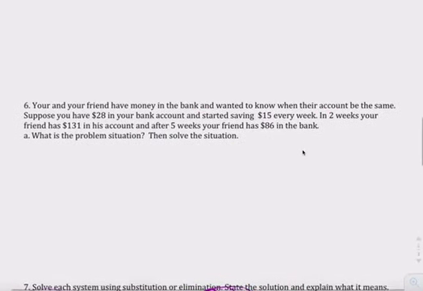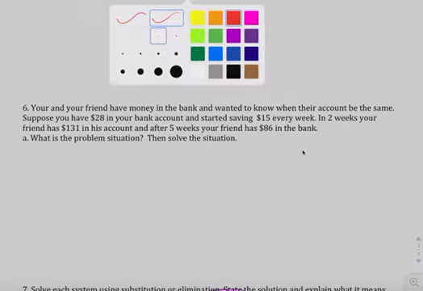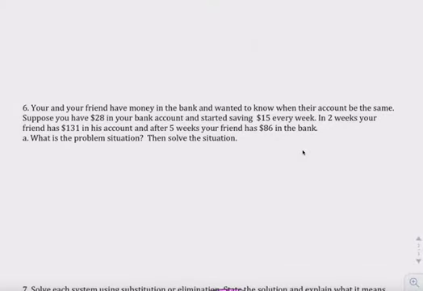Okay, let's go this way. Alrighty. Most of you should know how to do this. Let's say, suppose you and your friends have money in the bank account and want to know when their account will be the same. We did this in class. What's the problem situation? You want to know when you and your friend's account will be the same.